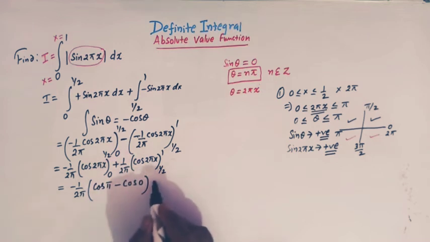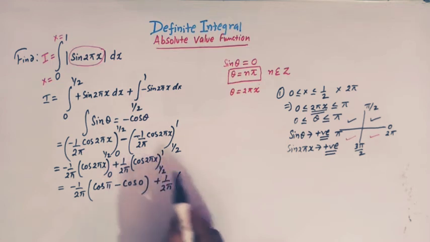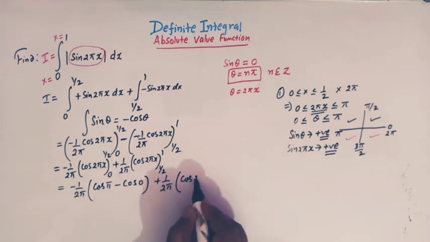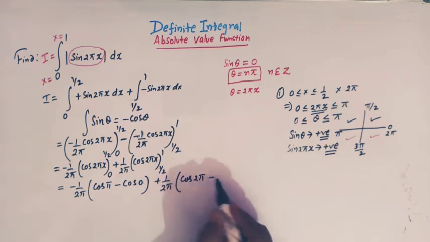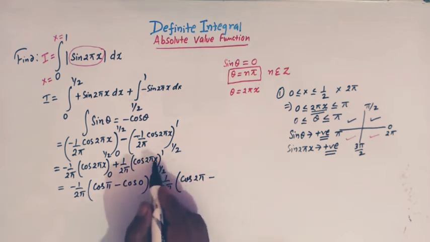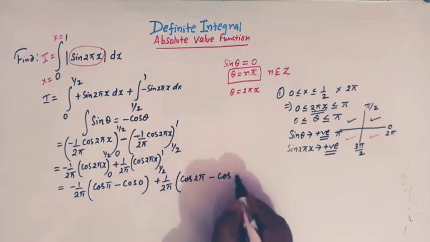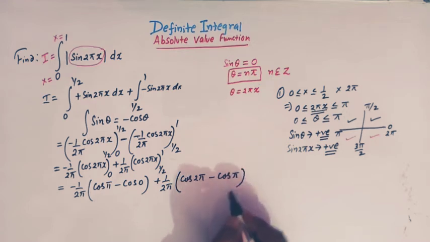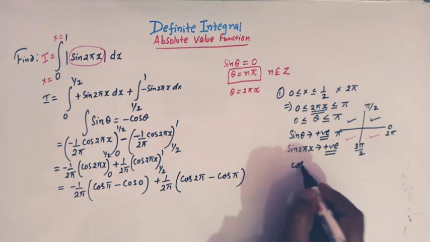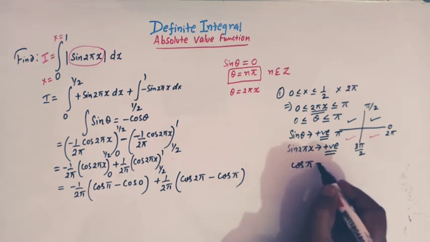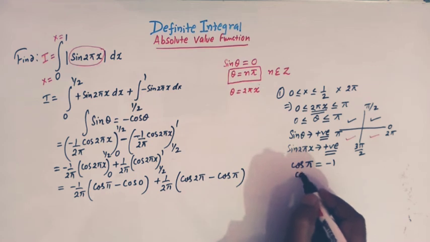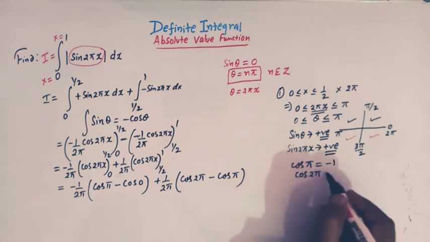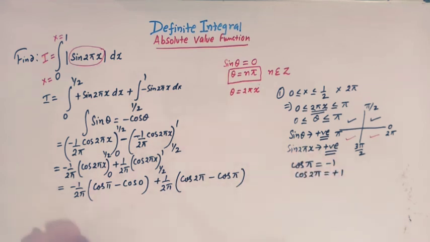And here we have 1 over 2 pi, and when x is 1, we have cos of 2 pi, minus, and when x is half, we have cos of pi. From trigonometry we know that the value of cos pi is minus 1, and the value of cos 2 pi is plus 1.